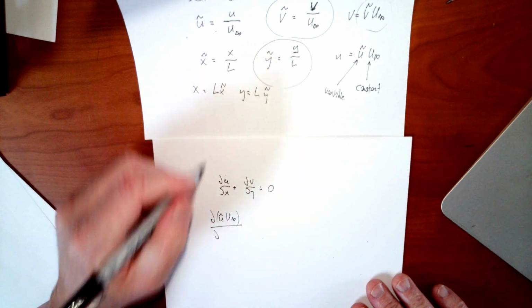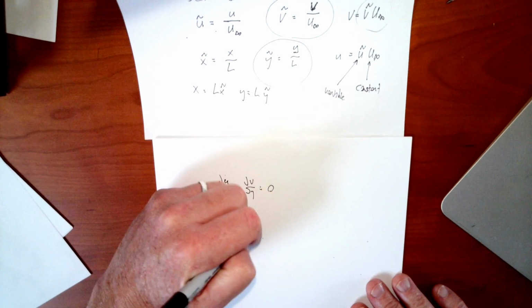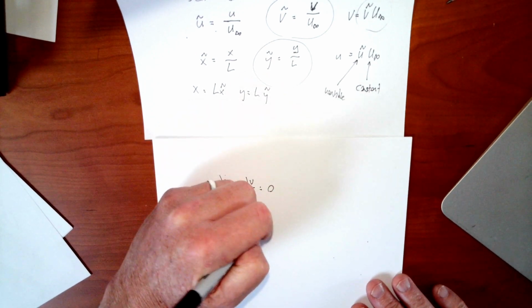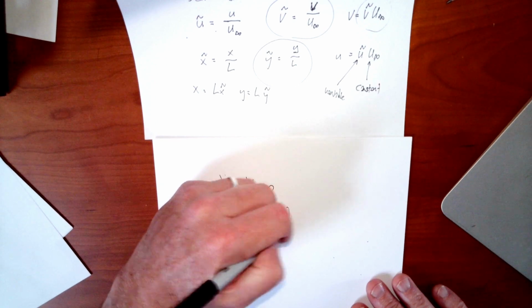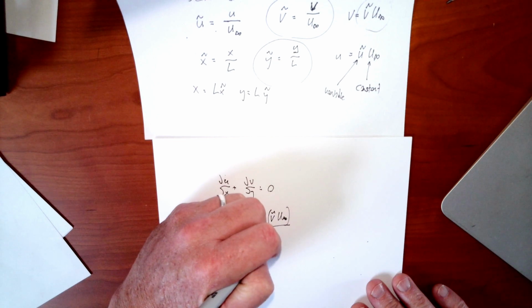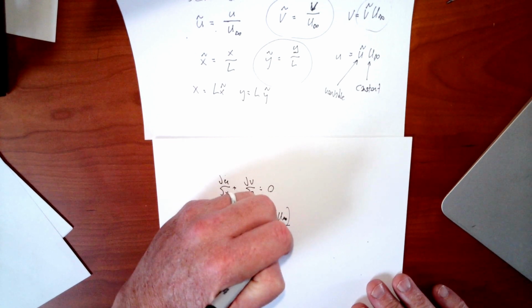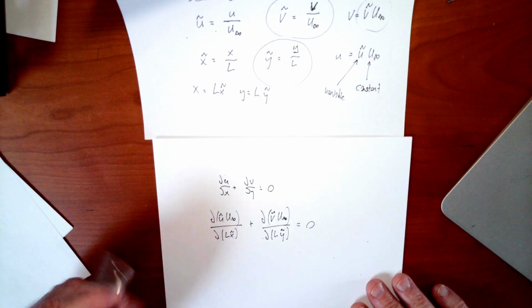Well, x is L times x tilde plus dv dy. So v is v tilde u infinity, and y is L y tilde. And that's supposed to equal 0. That's what the conservation of mass says.